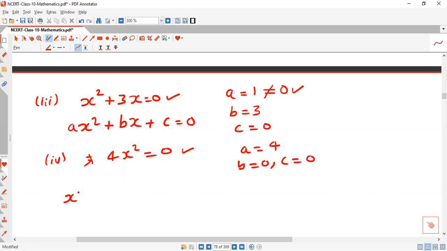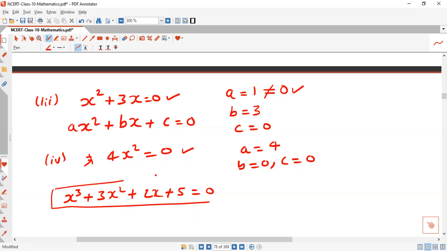See this one: x cube plus 3x square plus 2x plus 5 equal to 0. This is not a quadratic equation. Why is it not a quadratic equation?